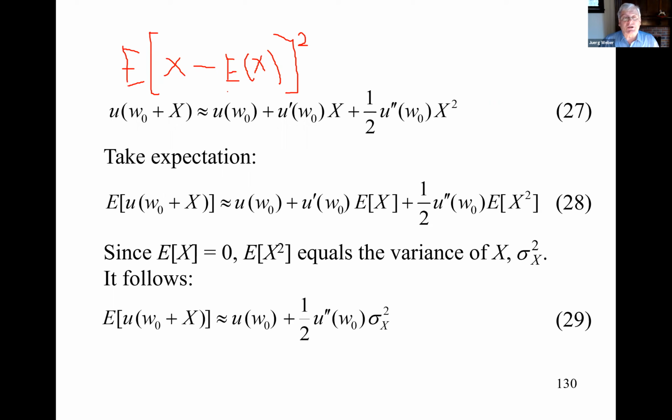But now naturally, if this here is 0, then this becomes just E of x squared. So that's what I'm using here. You see, E of x squared is just equal to the variance.